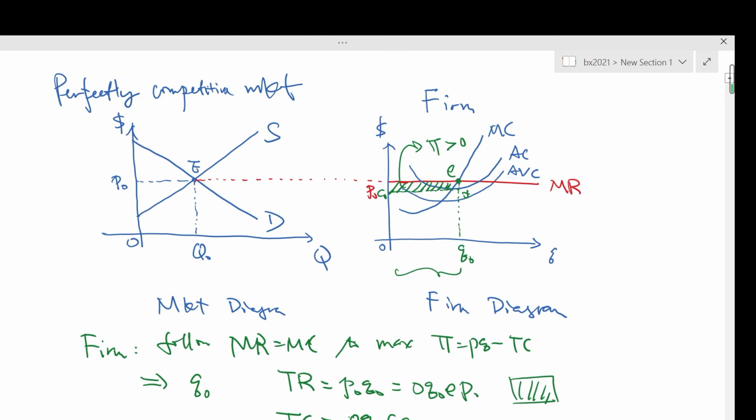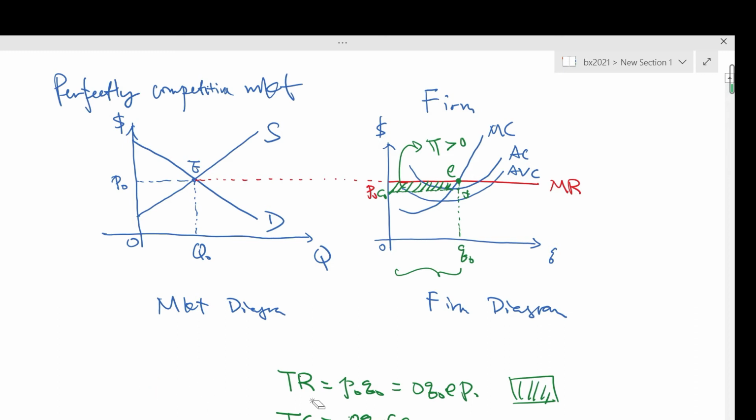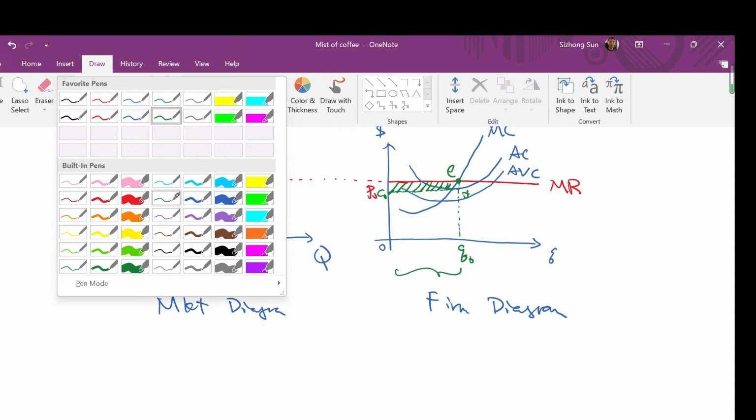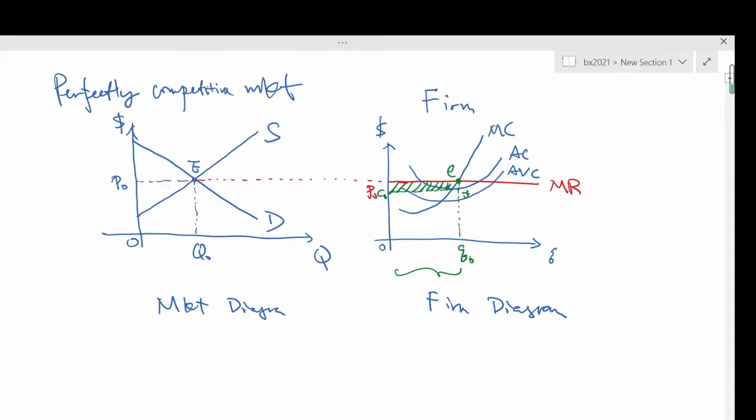In the long run, because of free entry and exit, everybody sees that the firms in the markets are making positive economic profit.